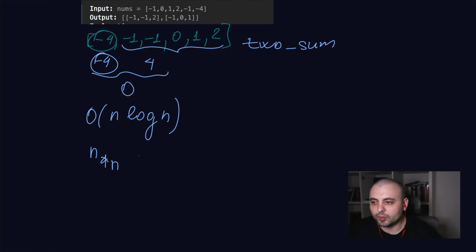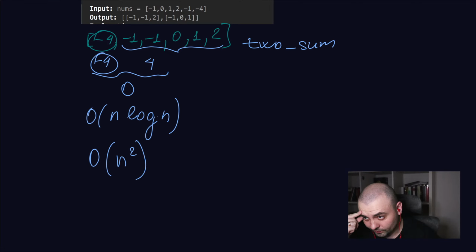These two will multiply and we'll have a big O of n squared. So our algorithm in this case will be big O of n squared, and we will not need extra space. So that would be one approach of solving this problem, being n squared.